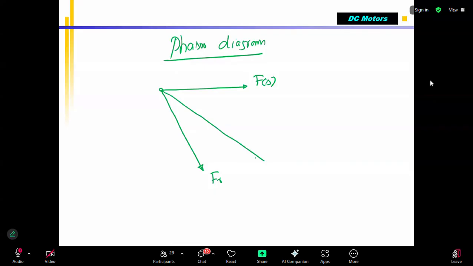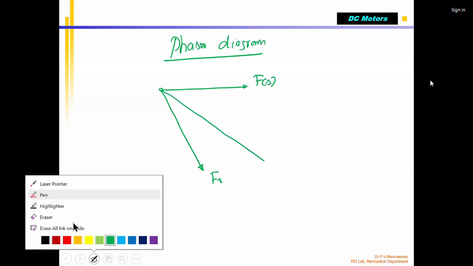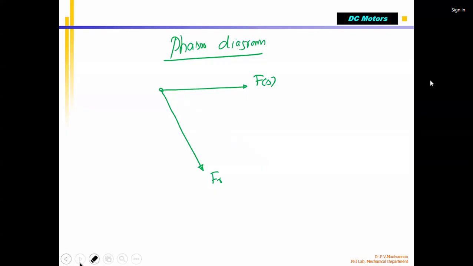So generally, these two. The resultant magnetic field is going to be a parallelogram. So this is our Fr.